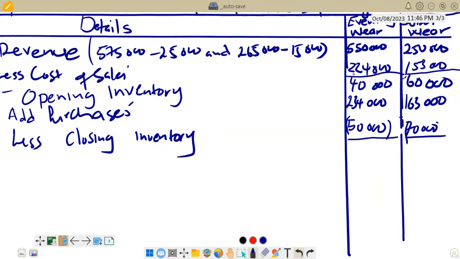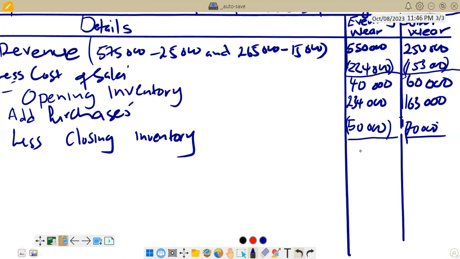Right. So this one, we are saying less cost of sales. Remember, here we are saying less cost of sales, so it means we subtract cost of sales from the figure for revenue. So here again, we put some brackets to show that we are subtracting. So for the first one, which is evening, we say 550,000 minus 224,000, then we put the answer here.